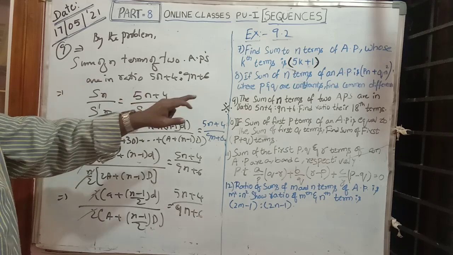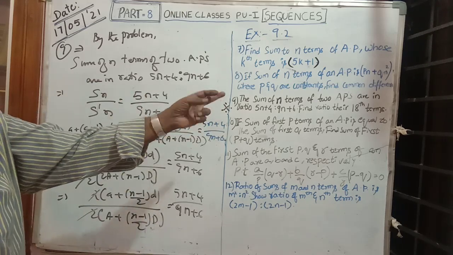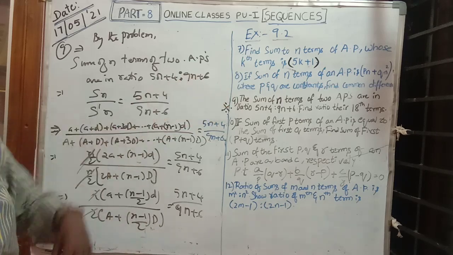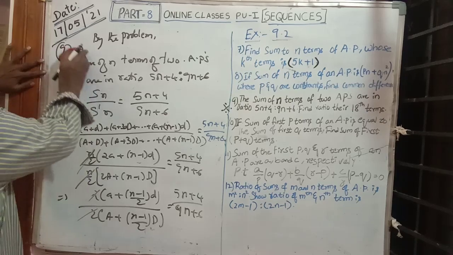What we have to find is the ratio asked in the question. Find the ratio of their 18th terms. So it must be the 18th term.